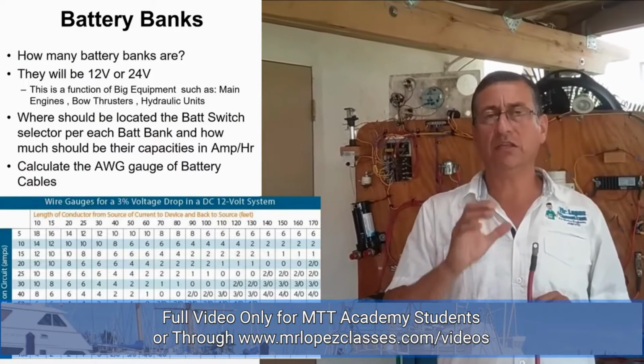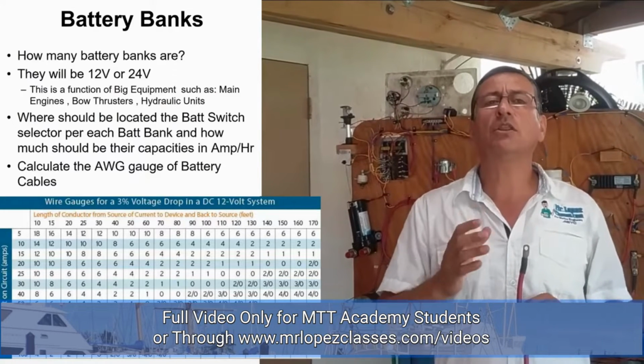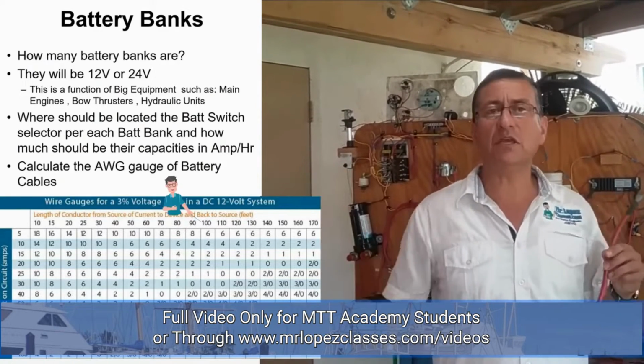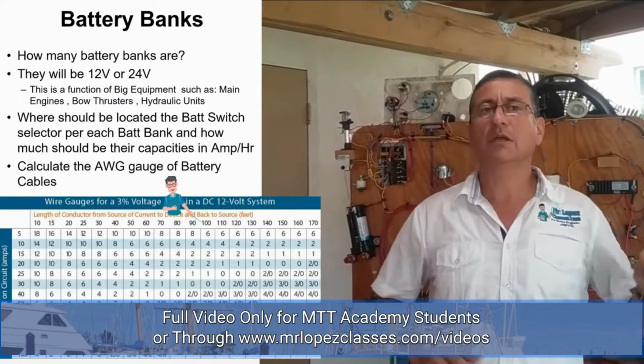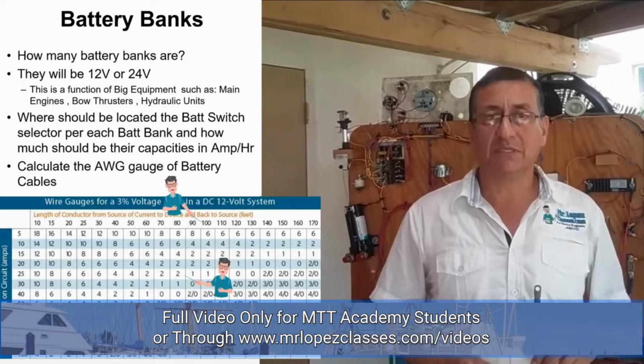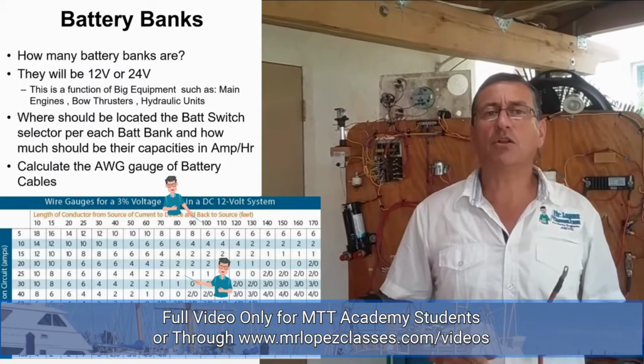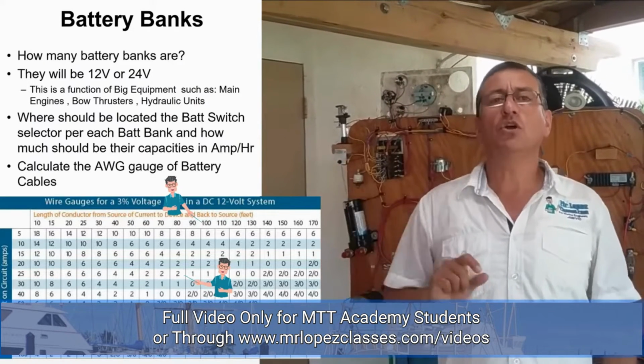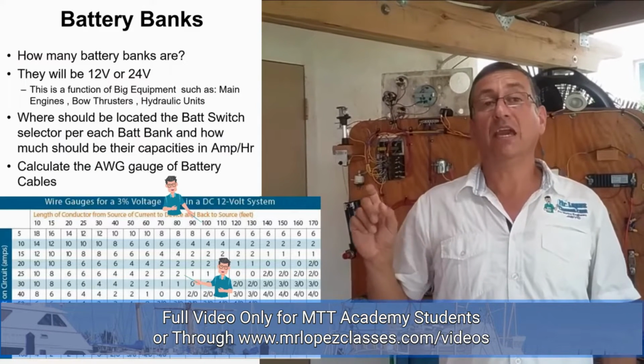It uses 2 important pieces of information: the total distance in between the battery and the load, and the consumption in amps. According with the amps and the total distance, using this table, you can calculate the gauge of the wire.